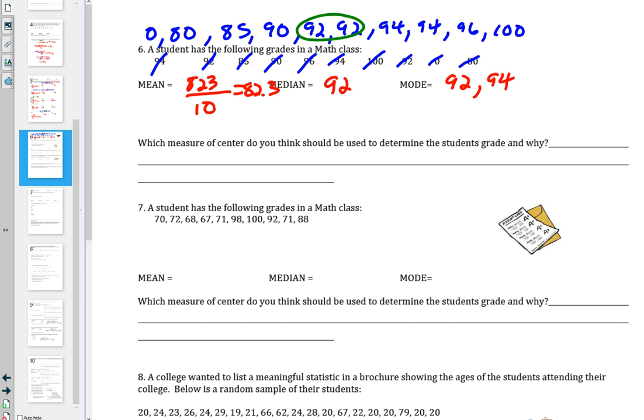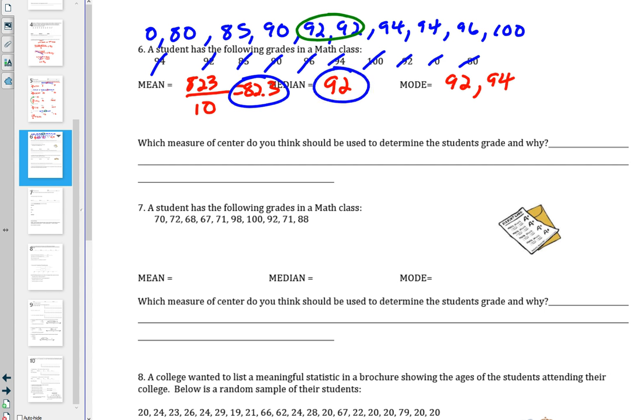So, assuming that everybody wants the student to have the best grade possible, what would be the best measure of center? If they're using average, that's the student's grade, 82.3. If they're using median, that's 92.